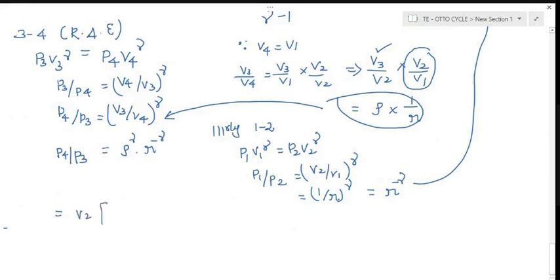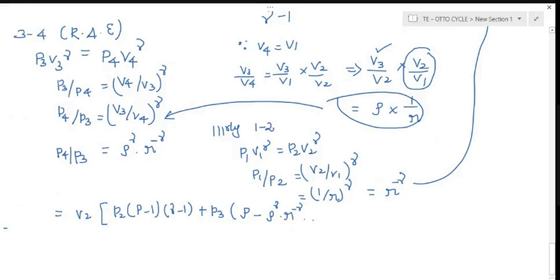P2 V2, just to follow the previous equation, the same thing I am going to write. Simply I replace the term, instead of P4 by P3 and P2 by P1. P3 into ρ^γ into r^(-γ).